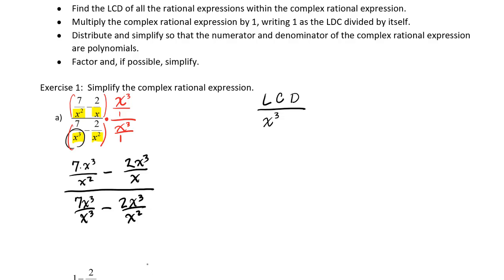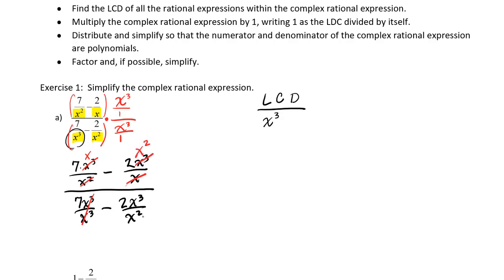And now I can look at the powers and reduce out the common factors. The most obvious one is 7x cubed over x cubed. That just divides out. On the first fraction in the numerator, I have 7x cubed over x squared. So the x squareds will divide out and I'll just be left with 7x. I have 2x cubed over x, which will reduce out, and I'll be left with an x squared in the numerator.